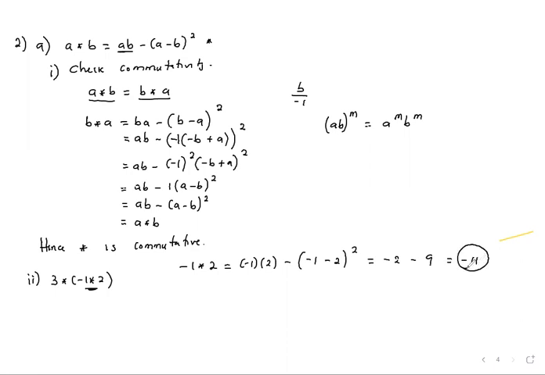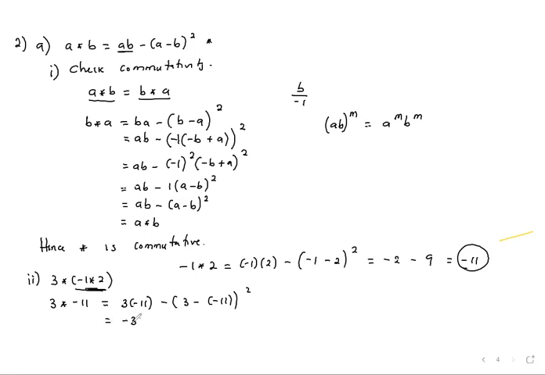This -11, we take it where there is this bracket now. This is equal to -11, so it has now become our new B. So now we go back to the definition and place 3 and -11: -33 minus, 3 minus -11, squared.